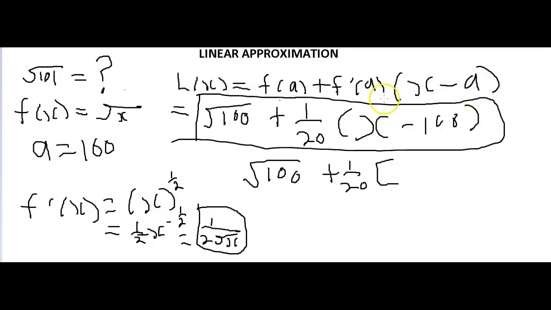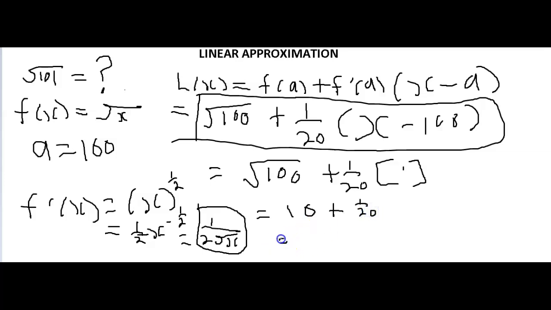What is x? You're putting x to be 101. So 101 minus 100 is just 1. Now, what is the square root of 100? So now we're just simplifying this. That is 10. 10 plus 1 over 20 times 1 is just 1 over 20.